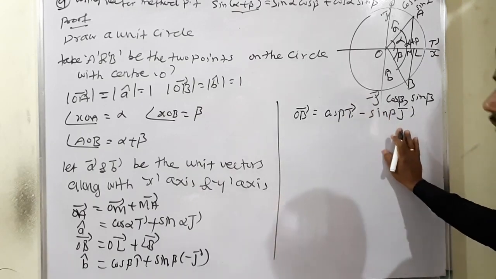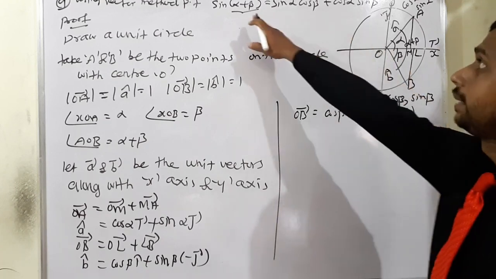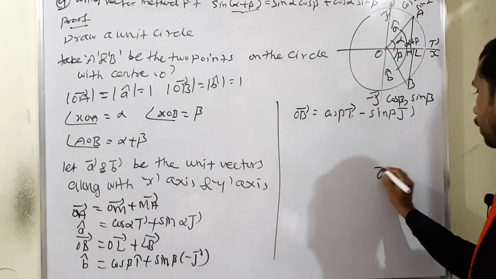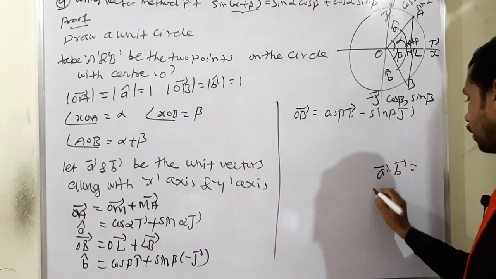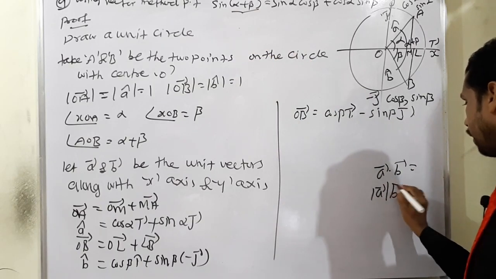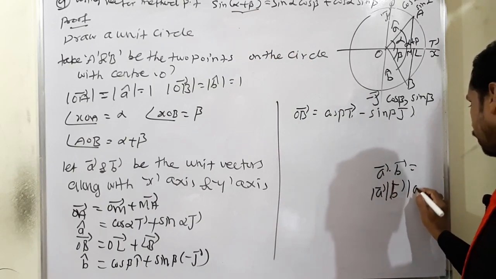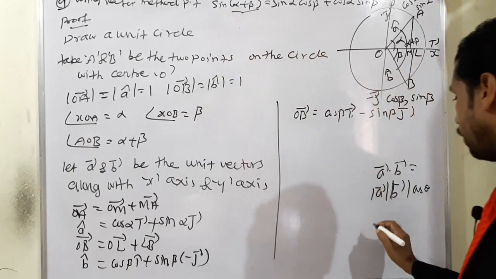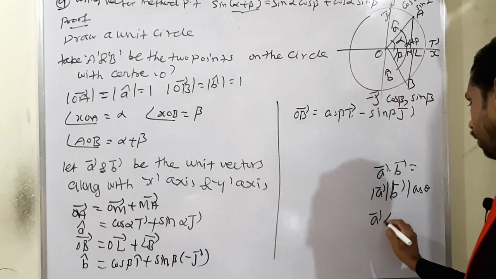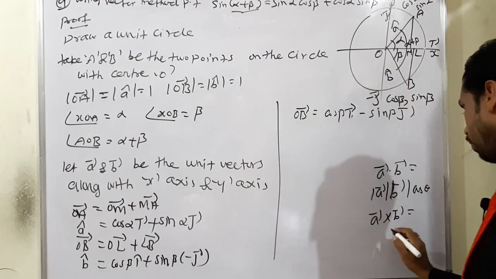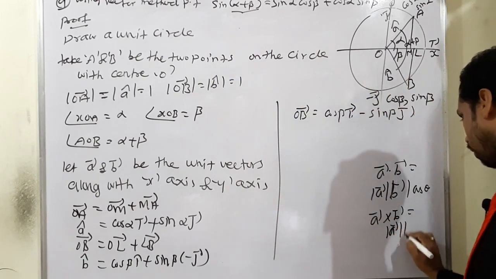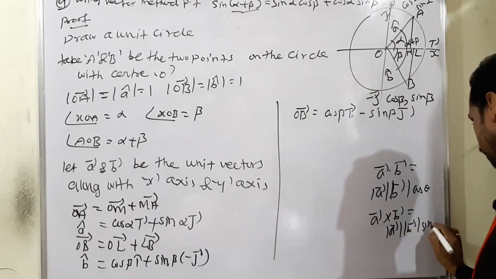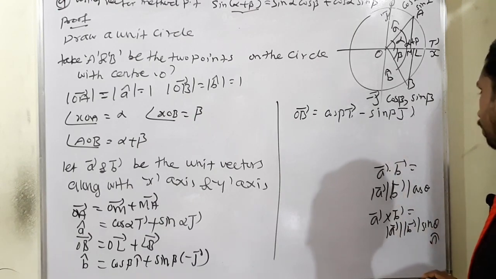According to the condition, already we know A vector dot B vector is equal to, what is the formula? Modulus A vector into modulus B vector cos theta. But there is a sin term, so what is the meaning? Definitely we should write A vector cross B vector. Then only we can write modulus of A vector into modulus of B vector sin theta n cap.